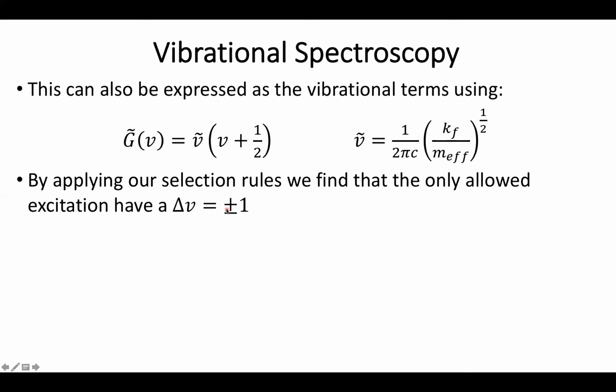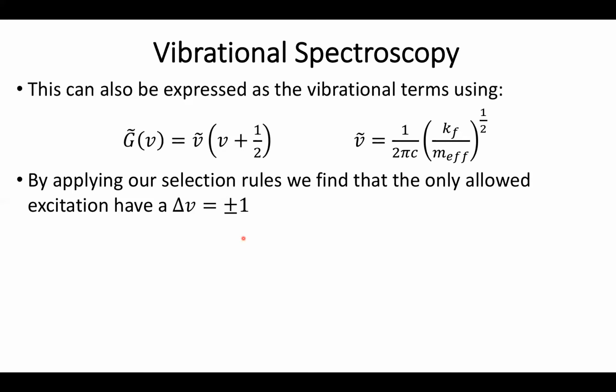So if I'm putting in energy, we'd expect the vibrational quantum number to go up by 1. An increase in vibrational states is an increase in energy. And if we release a photon, we typically expect it to decrease by 1. Again, there are some notable exceptions when we start coupling it to things like electronic energy excitations.